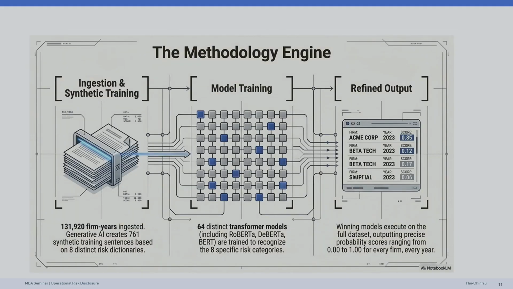So reading the materials as input, training on a lot of data and materials into the model. So a large amount of material has to be input. So the model has 64 distinct transformer models, including this type of model.